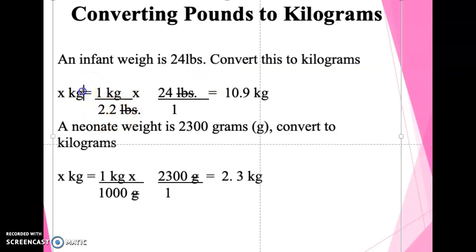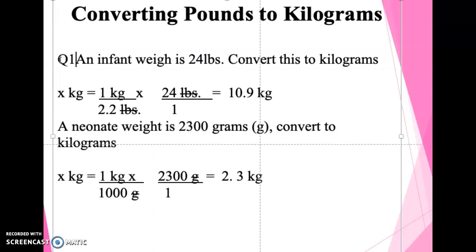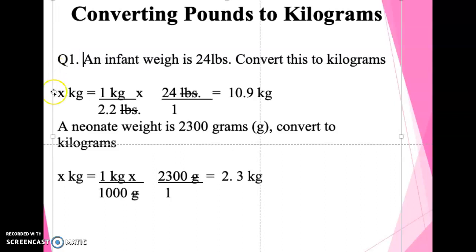Using dimensional analysis, we set up the equation. We're looking for X kilograms. 1 kilogram is equal to 2.2 pounds, and we were given 24 pounds.